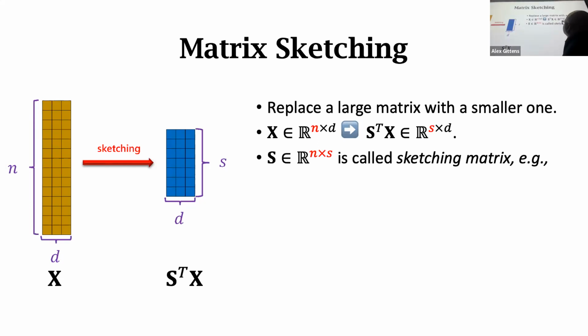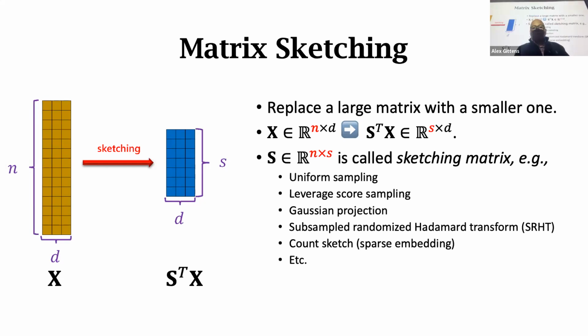And we're going to model this process as multiplying on the left-hand side by our sketching matrix S. So here S takes us from N dimensions to S dimensions, from N constraints to S constraints. And we could either be sampling, in which case S here looks like a subset of the columns of the identity, or we could be mixing these constraints and then selecting them.